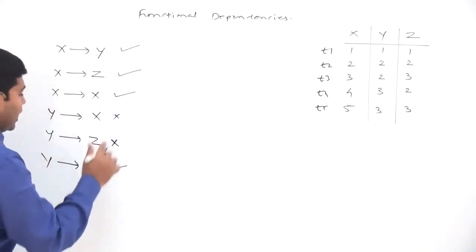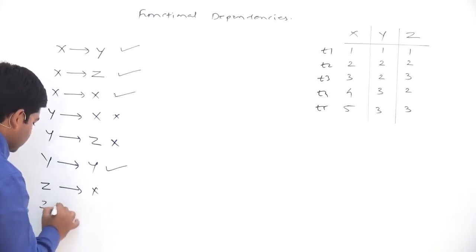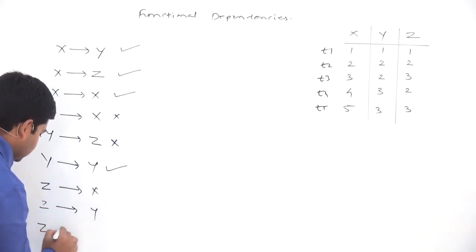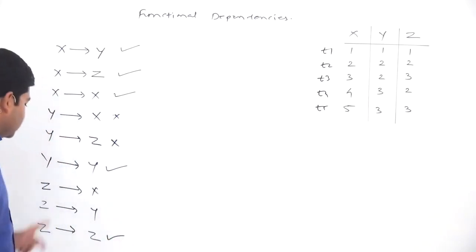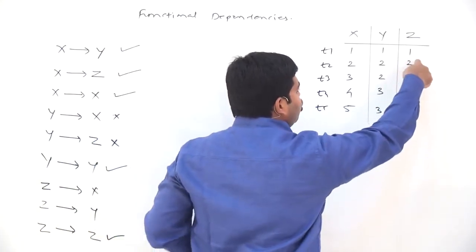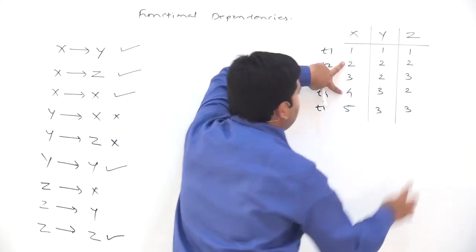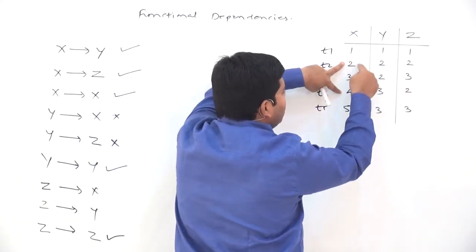Then let us take another attribute, z. Z gives x, z gives y, and z gives z. Now, from z you can always determine the value of z, so this question is trivially answered. Let us take the other two questions. From z you will not always get the unique value of x. For example, when z is equal to 2, x can be either 2 or 4.